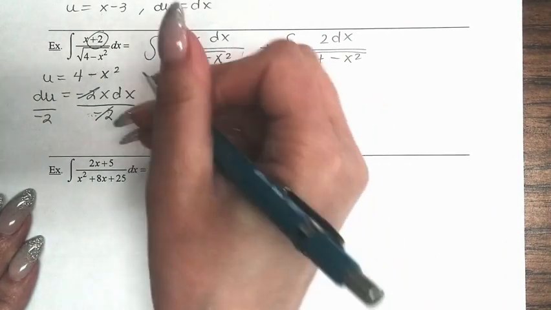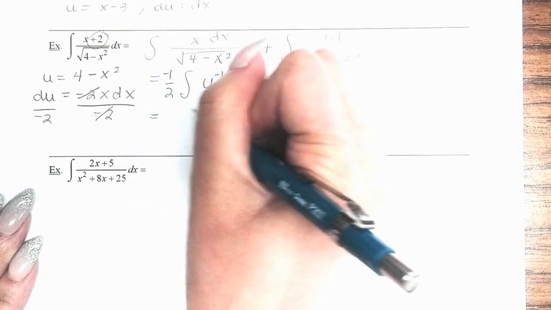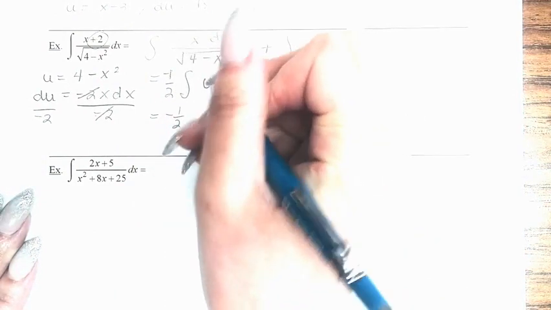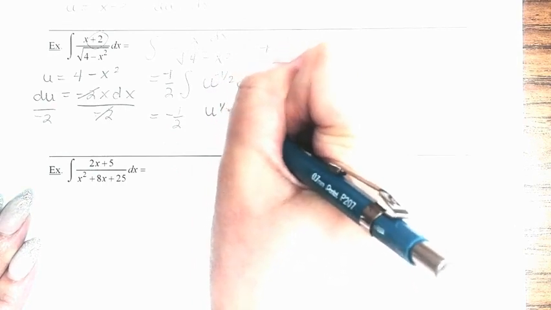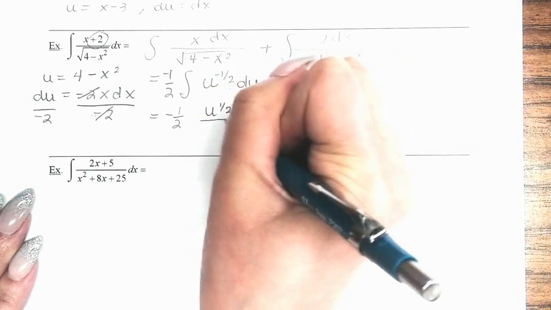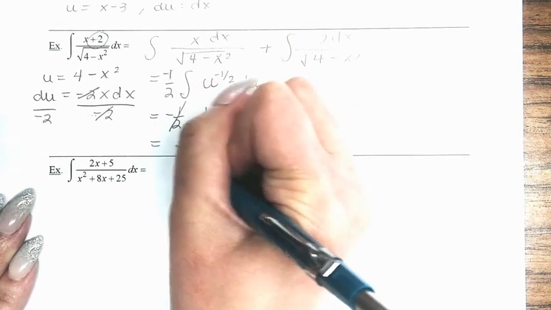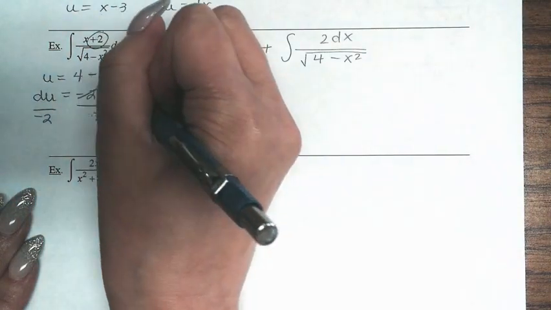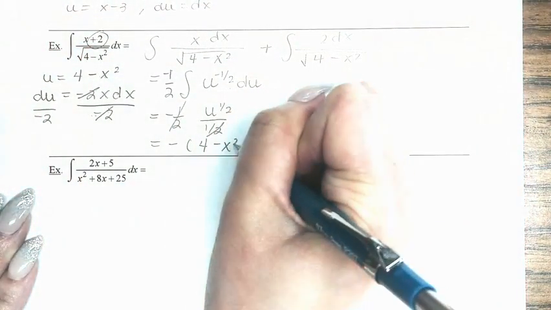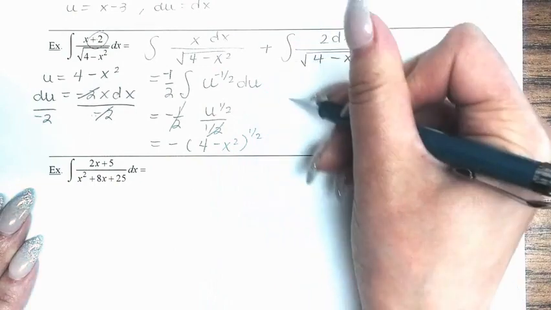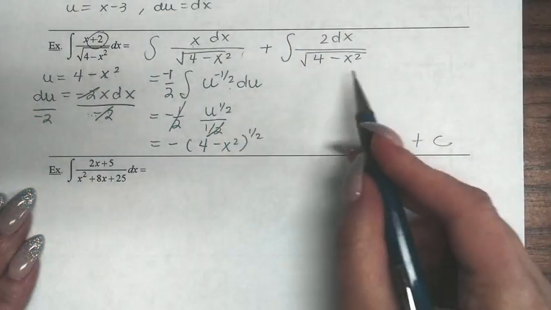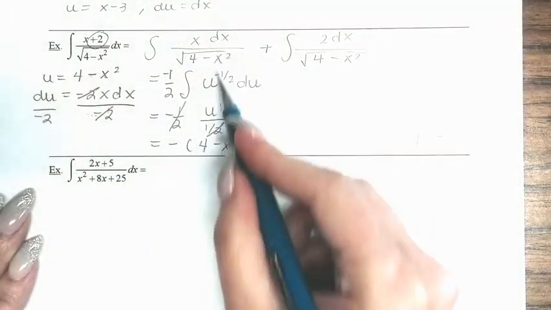This part is pretty easy to integrate: you have u to the power of 1/2 divided by 1/2, so the halves cancel. Go back to your x's: u is 4 minus x squared, so this is negative the square root of 4 minus x squared, plus c. So we are done with this one.